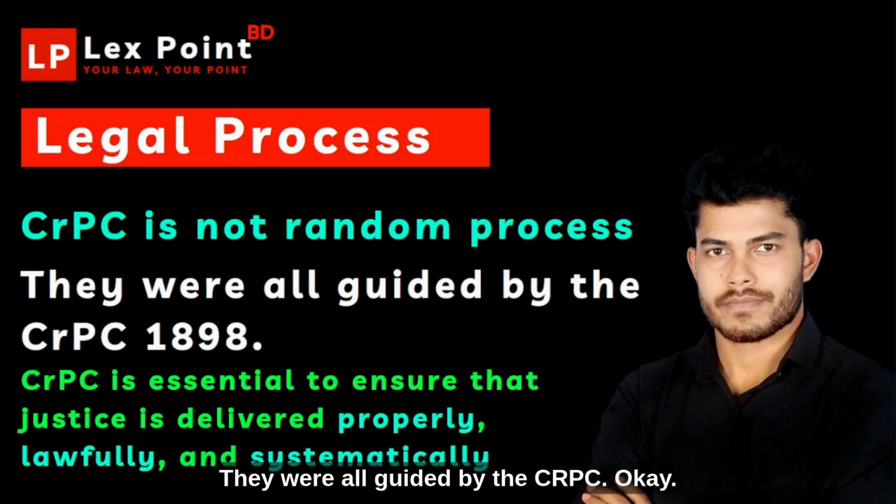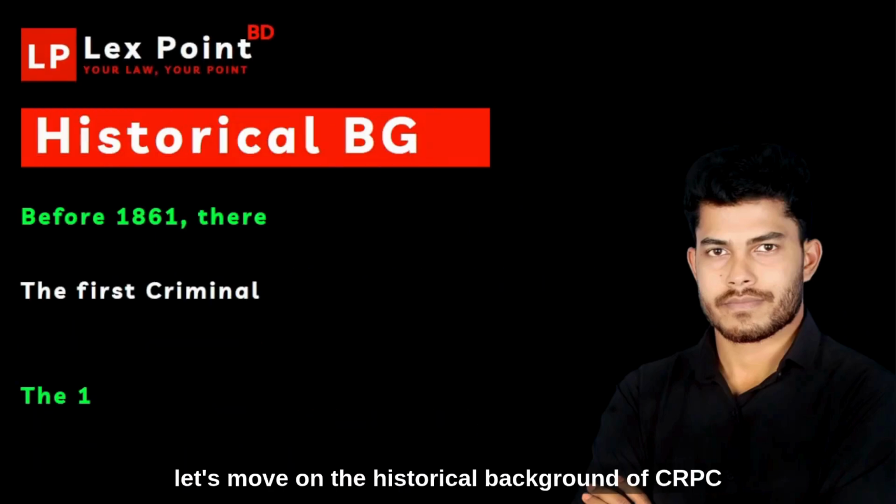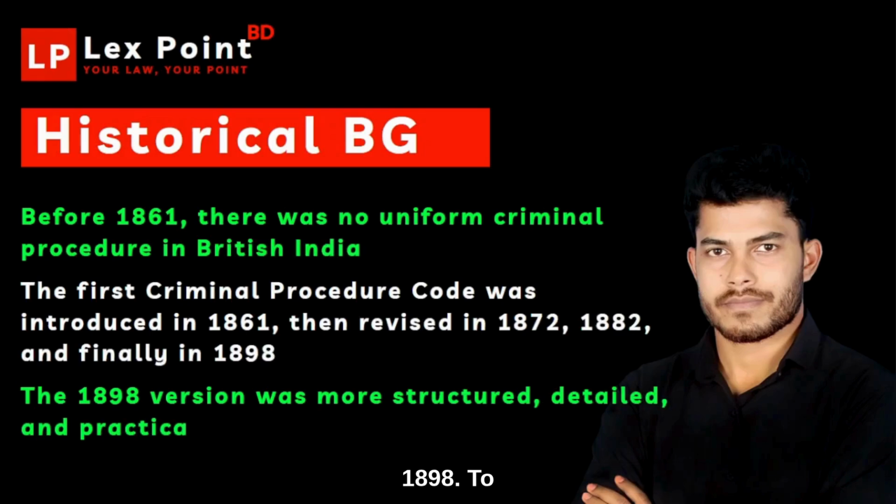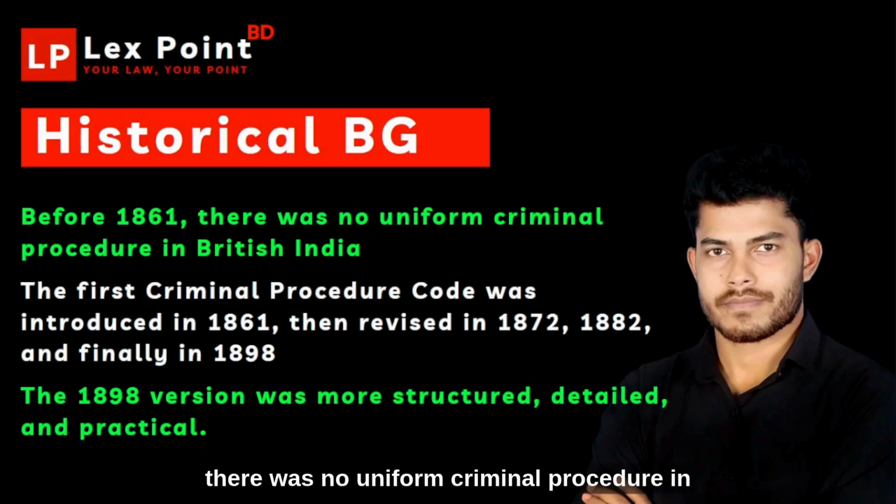Now let's move on to the historical background of CrPC 1898. To understand its importance, let us take a brief look at its history. Before 1861, there was no uniform criminal procedure in British India. Each province followed its own system.